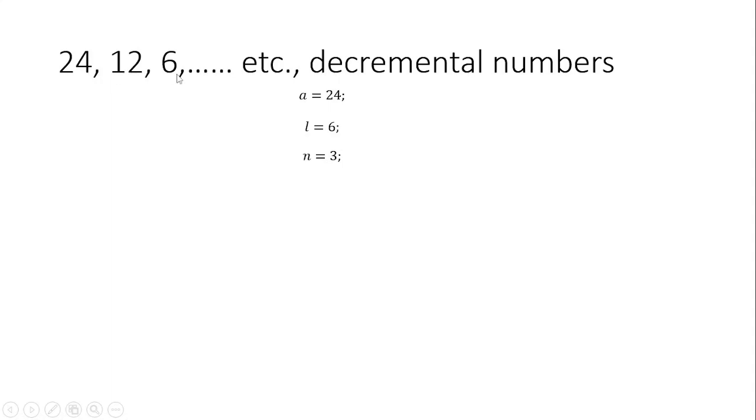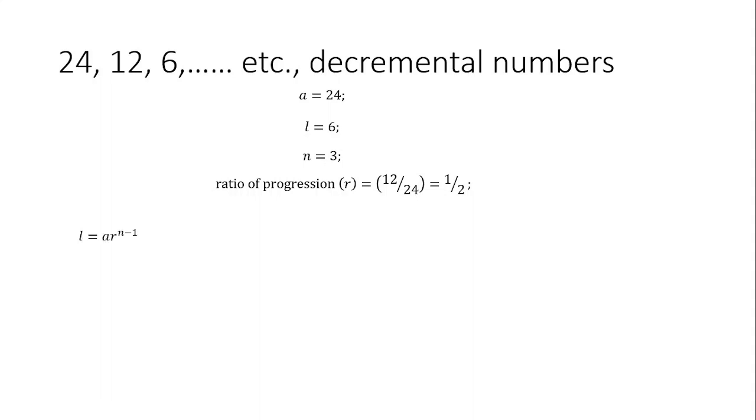So 3 numbers. Next I should identify the ratio of progression. The second number is 12 and the successive number is 24, so 12 divided by 24 is equal to 1 by 2, which is the ratio.